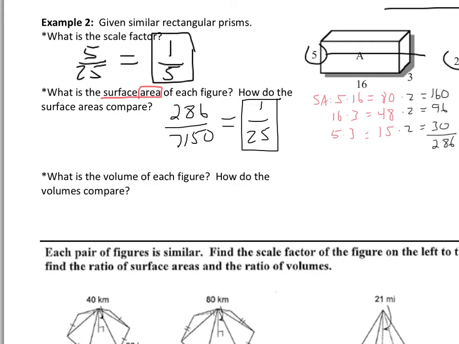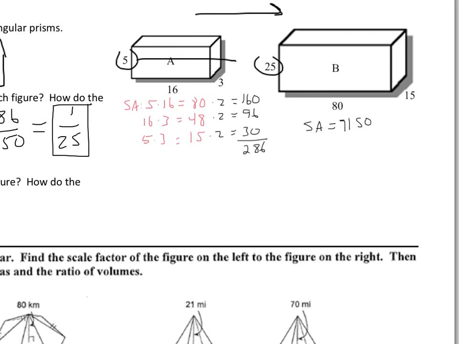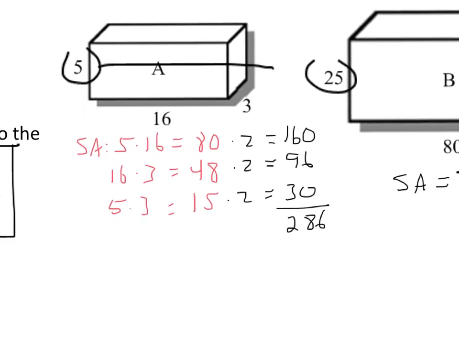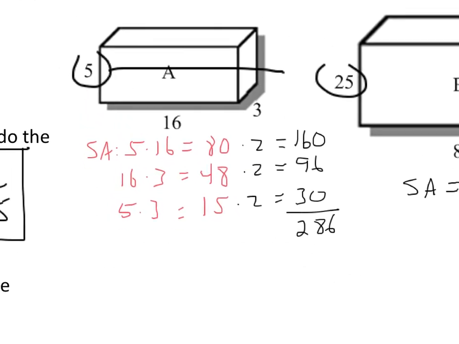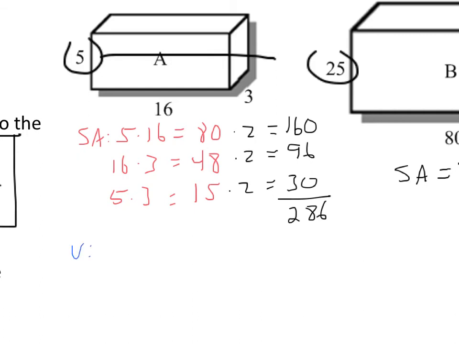If you look at volume, if you remember, again I'll focus on the first one. Volume is length times width times height, so 16 times 3 times 5, which is 240. The other shape, same calculations, would give us 30,000.